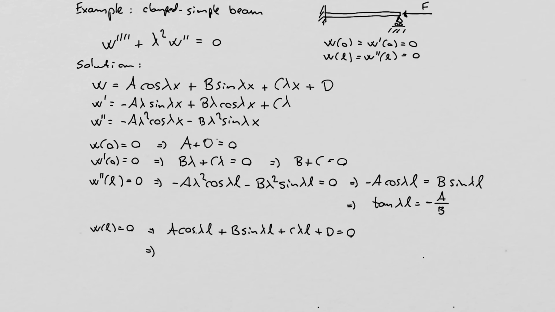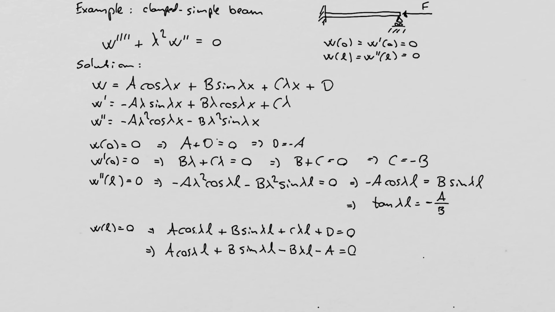So we know that, for instance, D from this condition equals minus A. We can use this to express C as minus B. Insert that, we get A cosine lambda L plus B sine lambda L minus B lambda L minus A equal to 0.